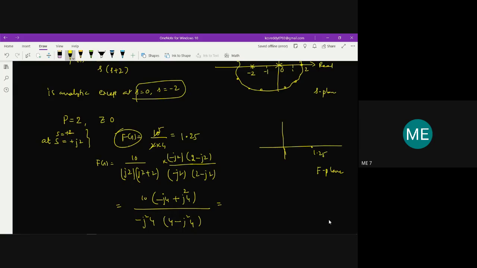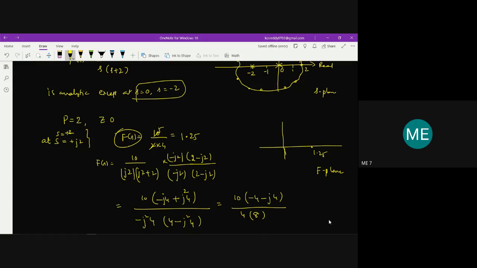So if I substitute here, 10 into this, j square is equal to minus 1, so minus 4 minus j4, divided by, here j square is minus 1, so 4 plus 4 is 8.